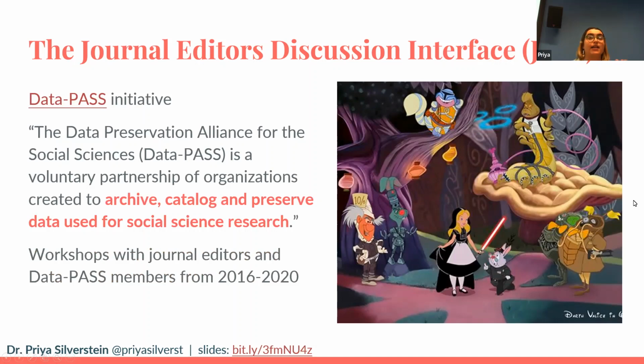They would explain to journal editors what they can offer to journals in terms of data management, etc., and journal editors could also tell them what would be useful to them in terms of workflows and things like that. So they held workshops with journal editors and ultimately decided that it would be great to have an online community for them to have this exchange. And they got funding to do so.